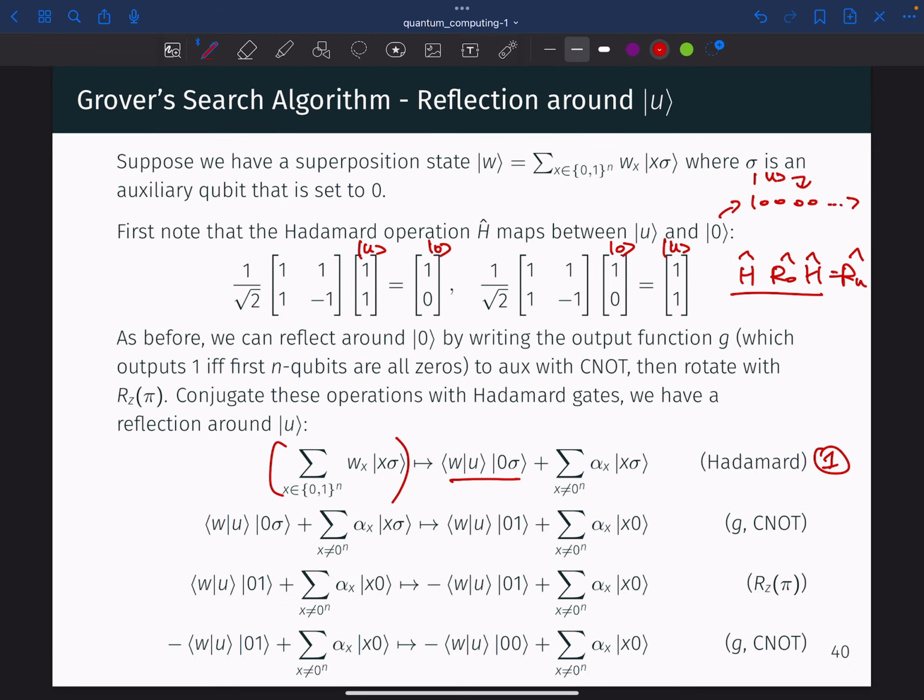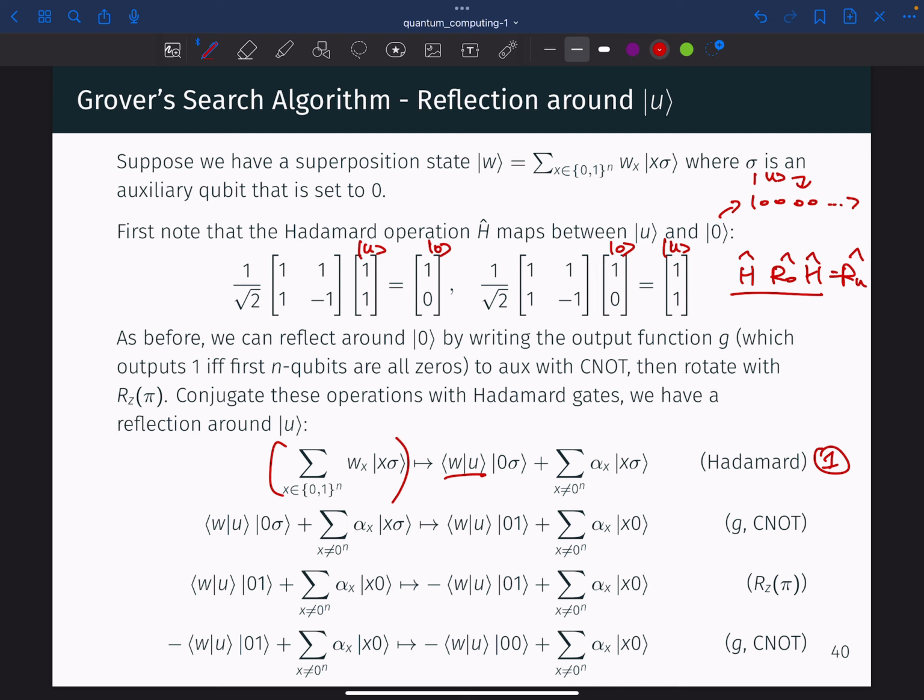This coefficient, I'm just going to call it alpha x, and here I'm going to call it w projected by w and u. The first coefficient will be exactly given by this inner product, and the second one I'm just going to write as ax. Okay, so we have now done the first step.